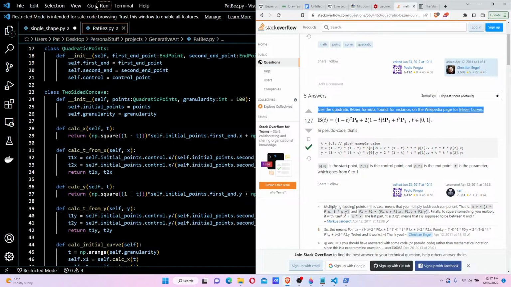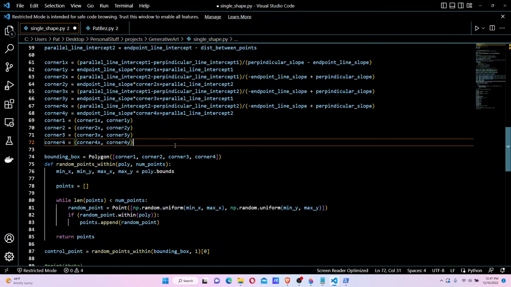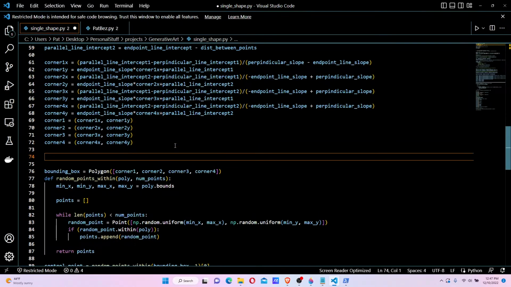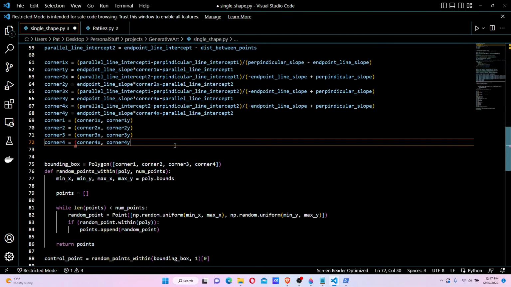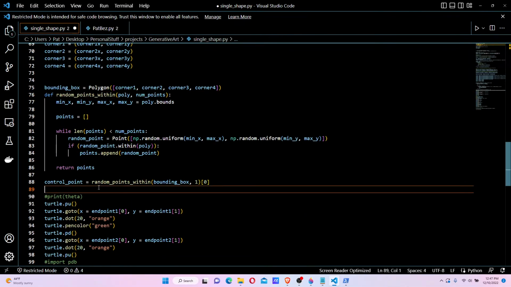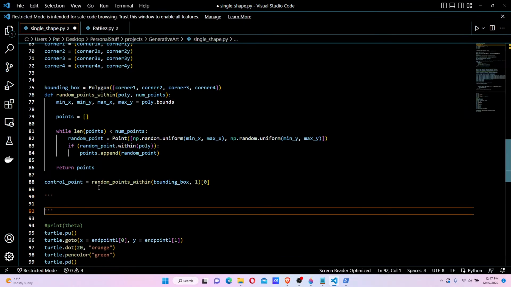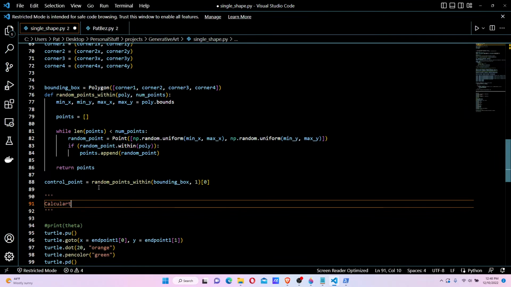Okay, so bounding box now. Okay, control point. So now calculate points along Bezier curve.